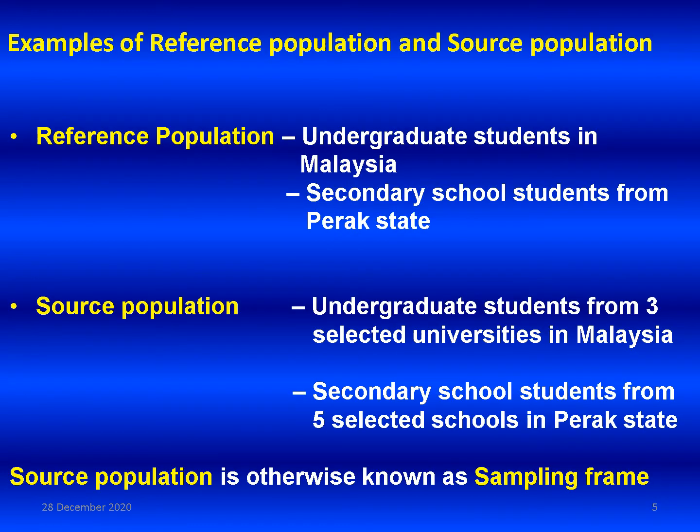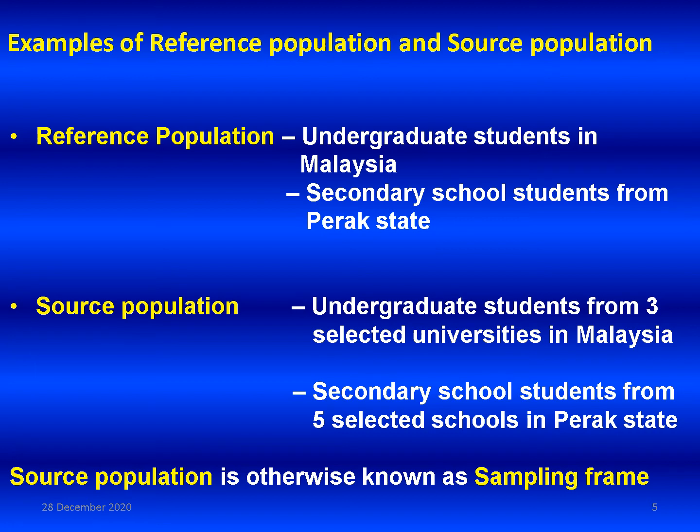Now we can see some examples of reference population and source population. Reference population: undergraduate students in Malaysia. All the undergraduate students in Malaysia are the reference population. Source population in that context is undergraduate students from 3 selected universities in Malaysia. Another example: the reference population is secondary school students from Perak State.